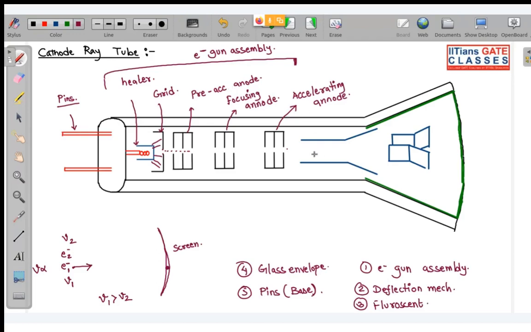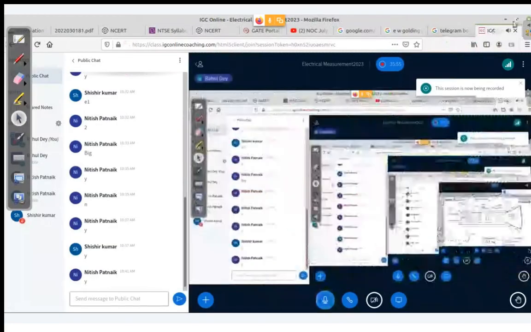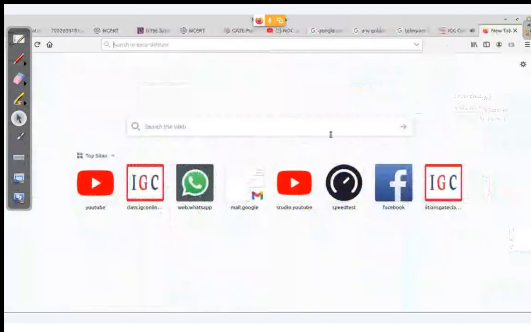Now next we have the deflection mechanism. Basically there are two types of plate. Now, do you know the symbolic representation of CRO? Wait a second, let me cross check once.